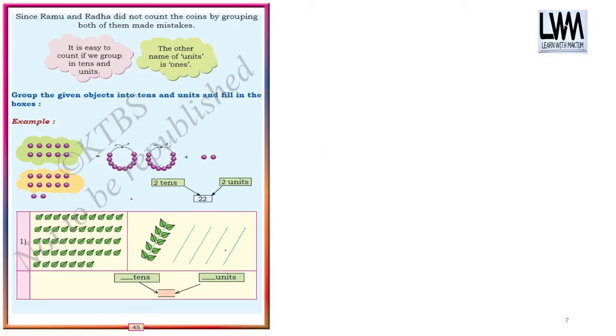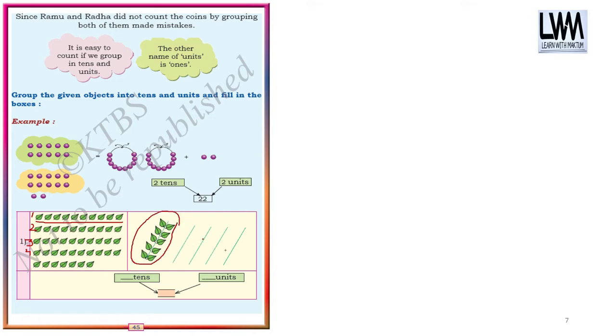Now let us do the activity. We have to group the given objects into tens and units, and we have to fill in the box. Now 1, 2, 3, 4, 5, 6, 7, 8, 9, 10. So these are 10 in number, right? So how many groups of tens are there? This is one group, this is second group, third group, fourth group, right? There are 4 groups of tens. So one group of 10 they have already completed.